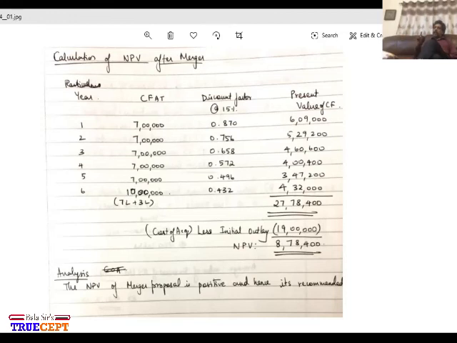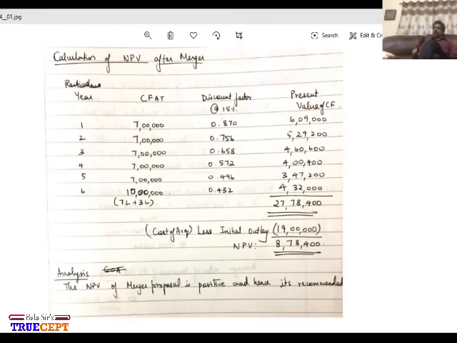And if you net off, you get a positive net present value. And therefore, you should go ahead and please embrace, okay, please go ahead and get married to R Limited. That is the advice given to A Limited. They should go ahead with the marriage and take over R Limited.